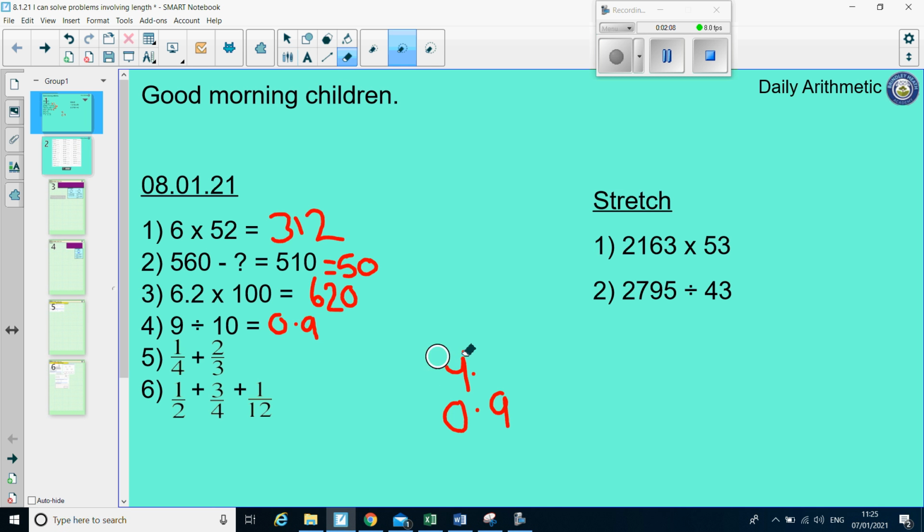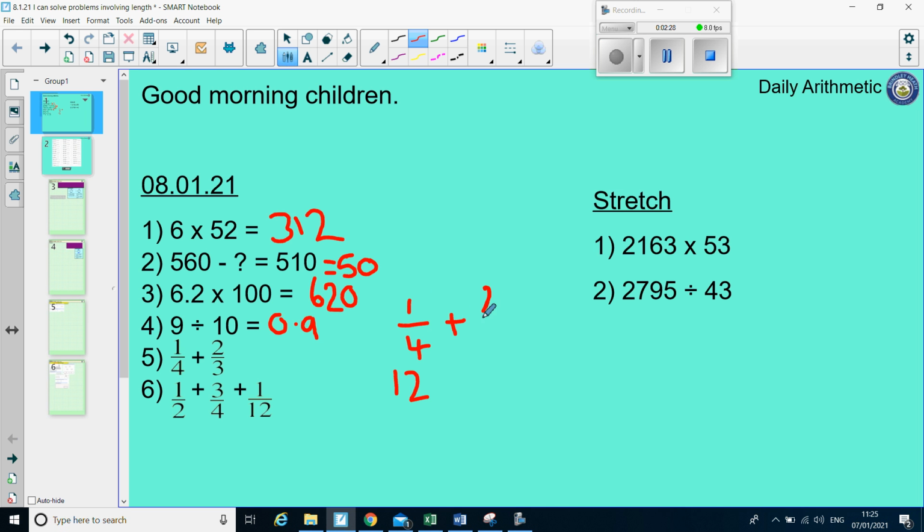Okay, question 5, I'm adding fractions. Remember, to add fractions, I've got to find the common denominator. So I'm looking for a denominator that is in both the 4 times table and the 3 times table. So the common denominator that I would go for here is 12. So you've got a quarter, add 2/3.